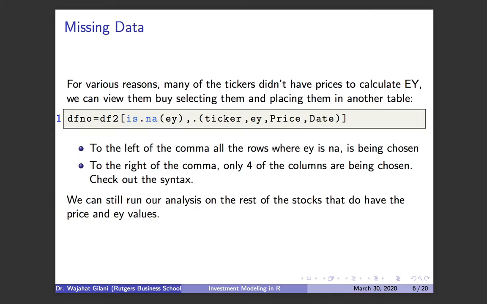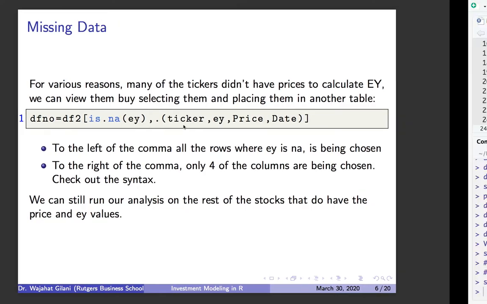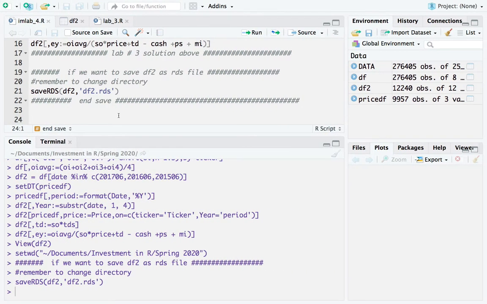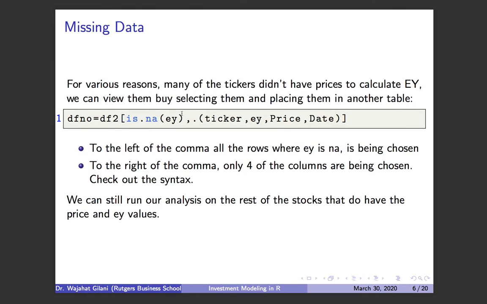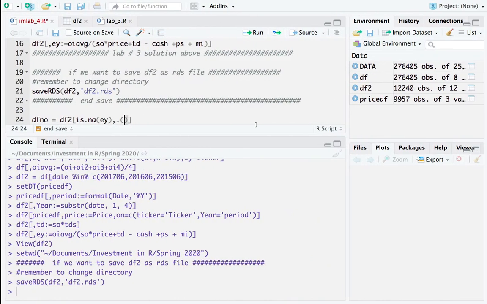Okay, so how does this work basically? is.na is going to look for any value in the EY column that is an NA, right? So if I were to run that piece of code right here, just do a quick sanity check, and select the columns we're typically going to take, which is ticker, EY, price, and date.